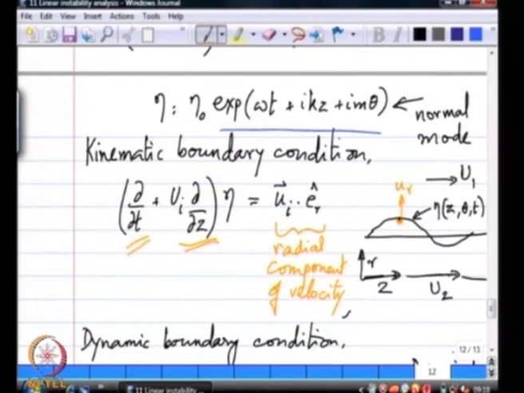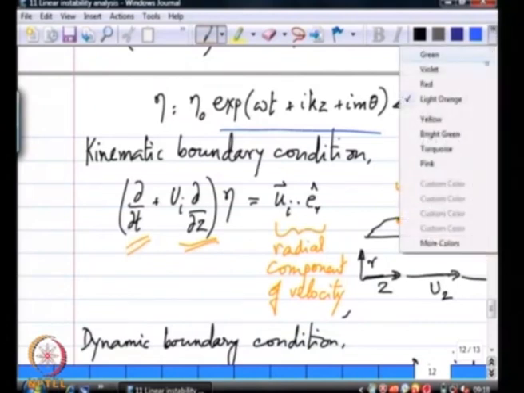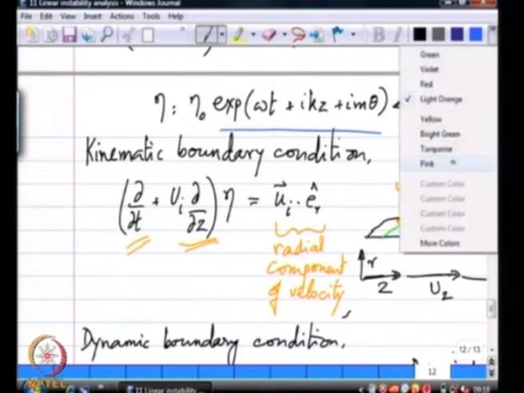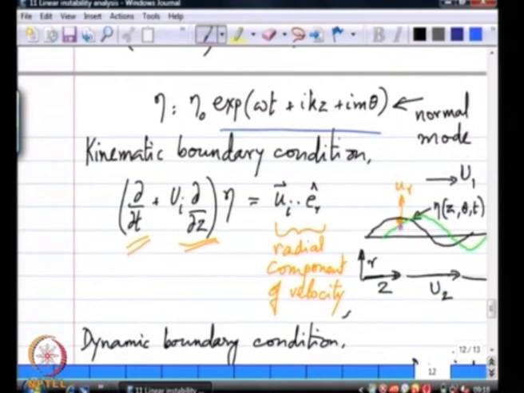So, if I take a sinusoidal form and this sinusoidal form some time later is at this location, the same material point which was there is now here.